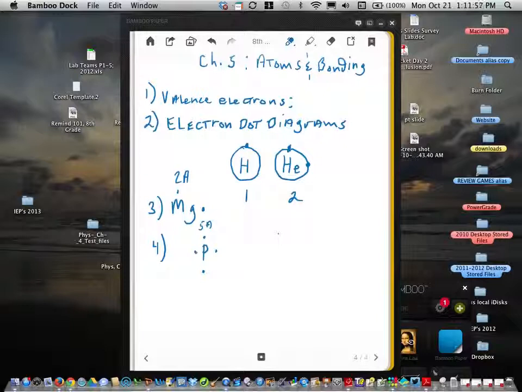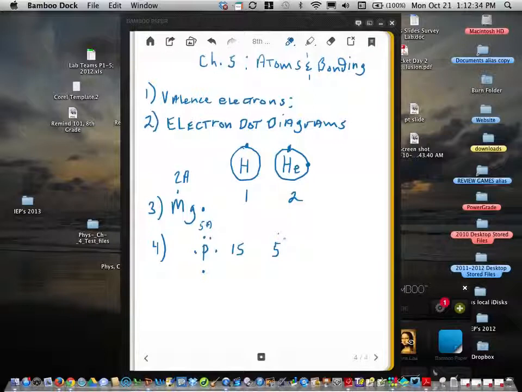You draw it in the quadrants, and one more in the beginning quadrant there. So we've just drawn the valence electrons for phosphorus. How many total electrons does phosphorus have? 15. Good. So its atomic number is 15.